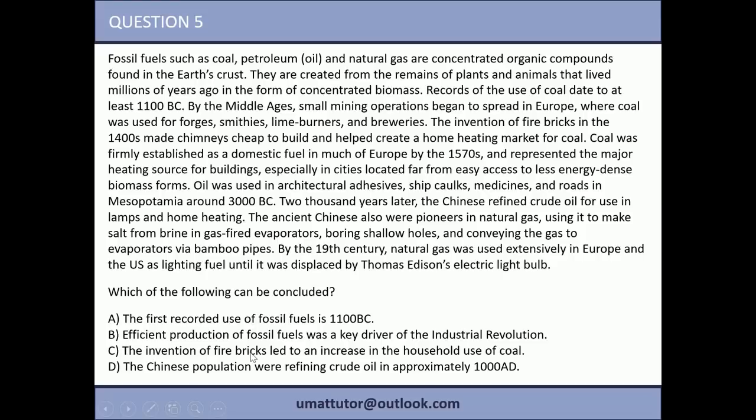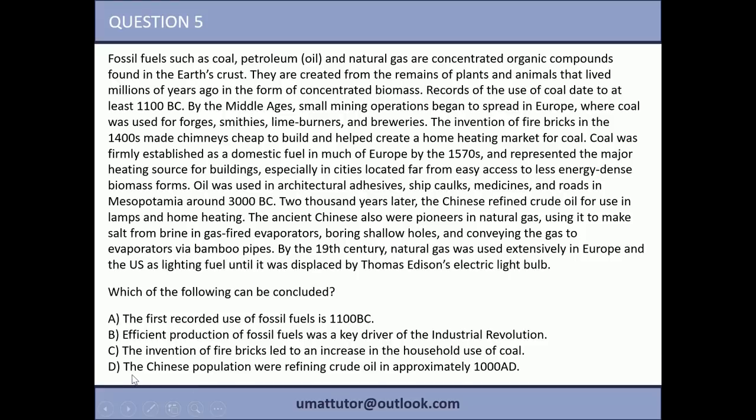It's saying the invention of fire bricks, and we've got here the invention of fire bricks, led to an increase in the household use of coal. And then we have helped create a home heating market for coal. So it's a very slight rewording, but I think it's a very small jump to make and a very reasonable conclusion to make that given it created a home heating market, as it says here, that means that it increased the household use of coal. So C is looking pretty good at this stage.